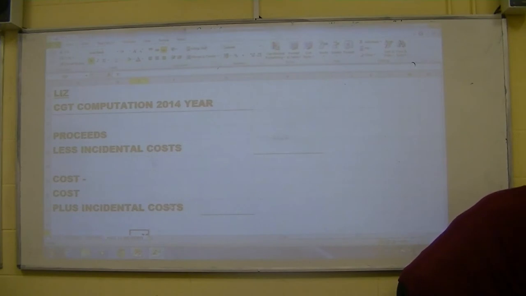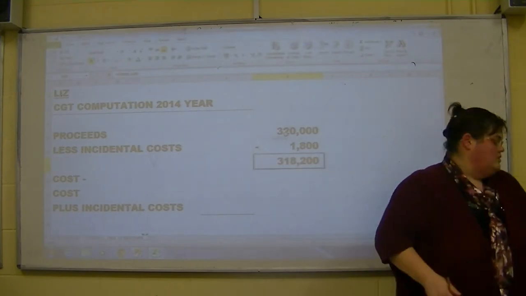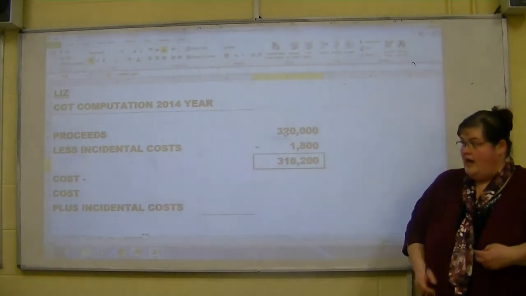So we have our proceeds of 320,000, less legal fees of 1,800. So proceeds less our incidental costs.